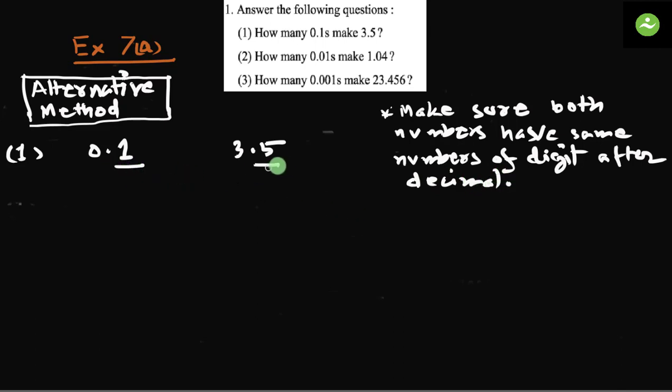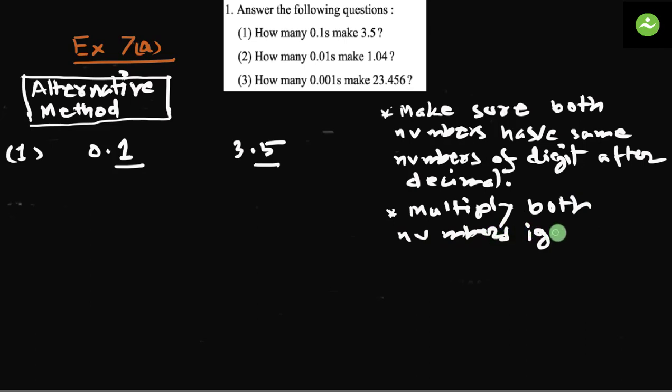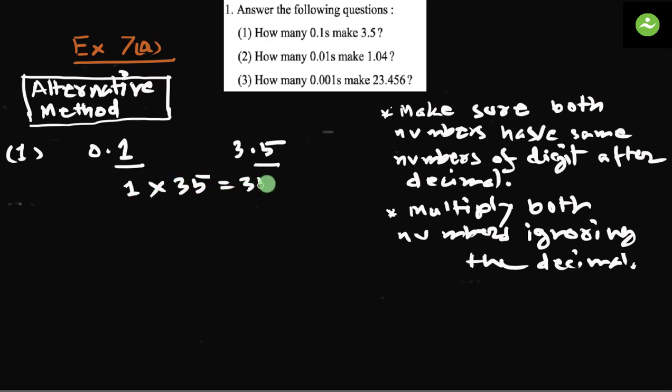Here, after the decimal, 1 digit, and after the decimal, 1 digit, so it's okay. The next thing you do is multiply both numbers ignoring the decimal. 1 into 35 equals 35. That is the answer.